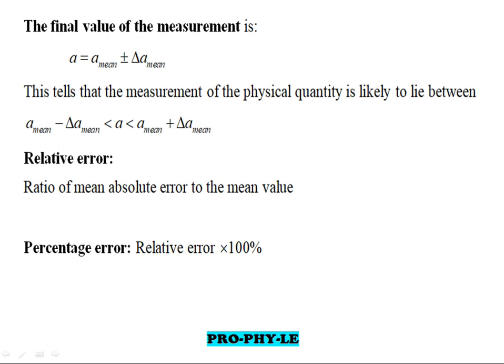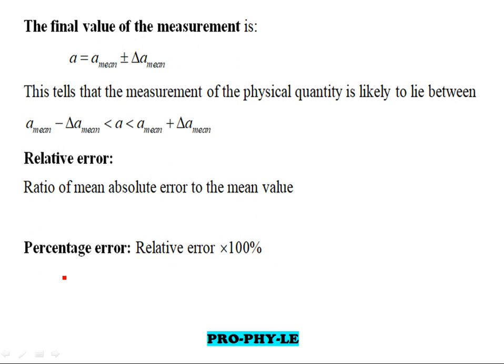This tells that still we are not able to find the exact true value, but my measurement tells that the physical quantity value lies between A mean minus delta A mean to A mean plus delta A mean.